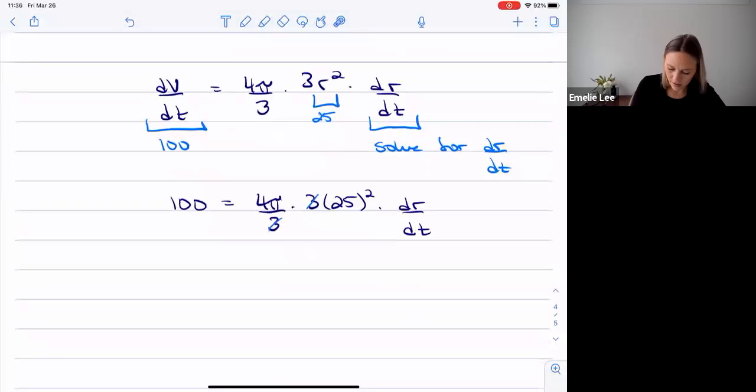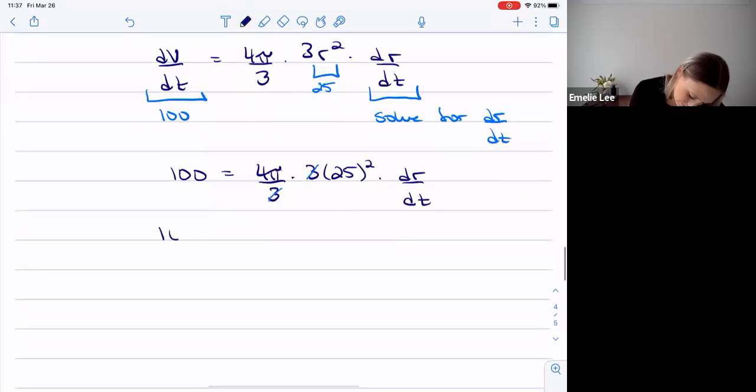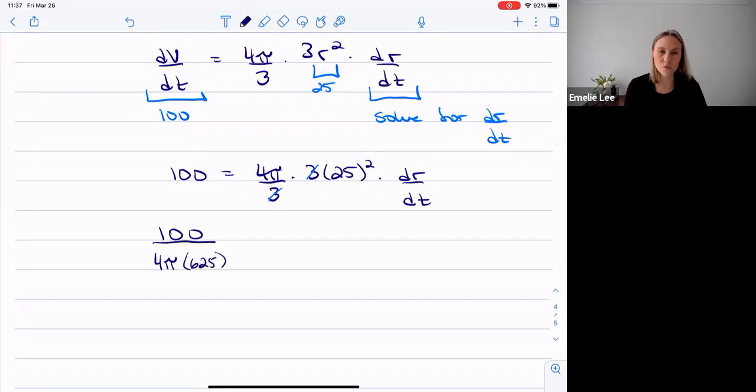So I've got 4 pi times 625, and I want to solve for dr/dt, so I have to divide both sides by 4 pi 25 squared. 100 divided by 4 pi times 625 is dr/dt.